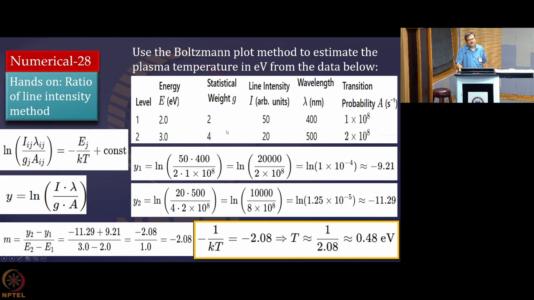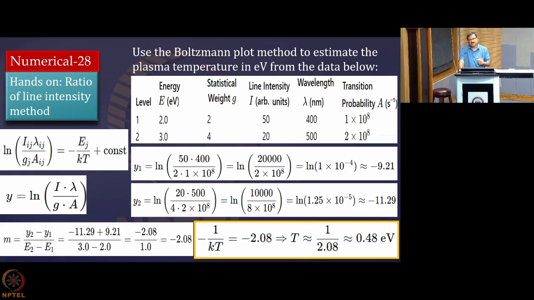That is how you can use the Boltzmann plot technique in a real problem, but in a real problem the experimentalists do not stop at 2 points, because if one point is in error you will get a wrong result. Using 2 points you can always draw a straight line, because there are only 2 points, you can connect them.